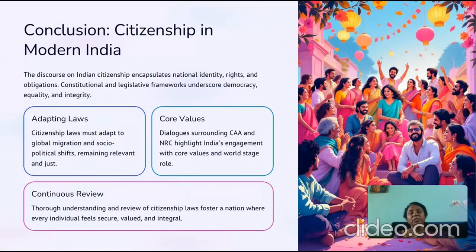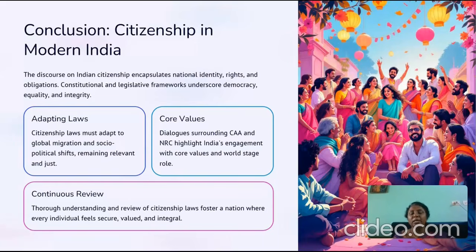Then when we conclude, citizenship in modern India encapsulates national identity, rights and obligations. Constitutional and legislative frameworks underscore democracy, equality and integrity. Citizenship is very, very important, and citizenship laws must adapt to global migration and social and political shifts, and should remain relevant and just.